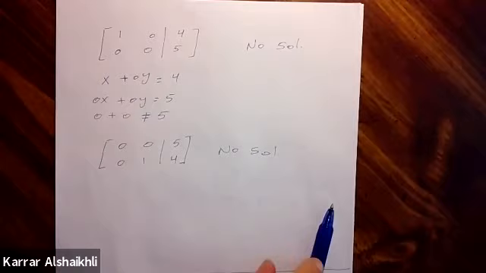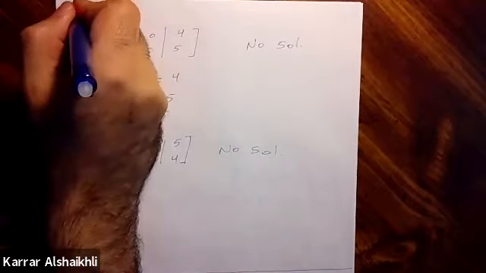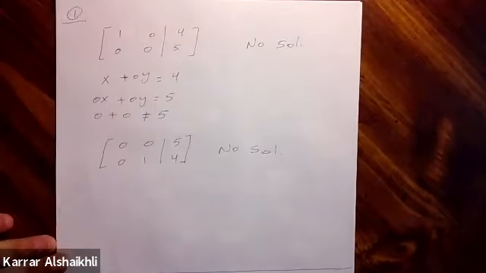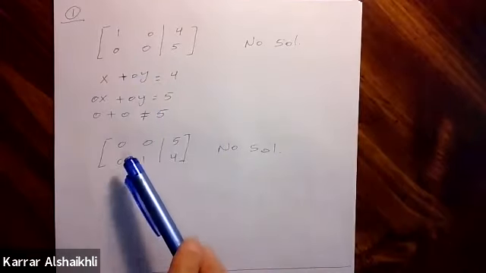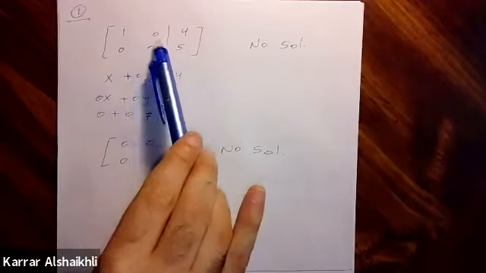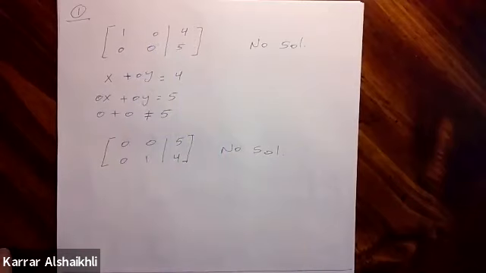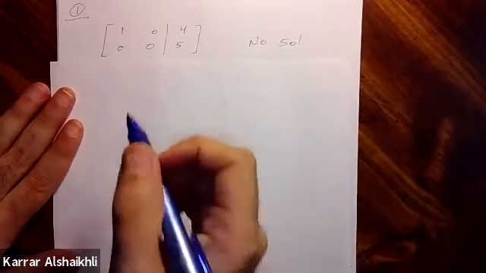Here is the first note. If you have a matrix like this, two zeros in the same row, you're just going to write down there is no solution. This is the first note. The second note I'm trying to give you, which is exactly the same thing here, but check the first one here.